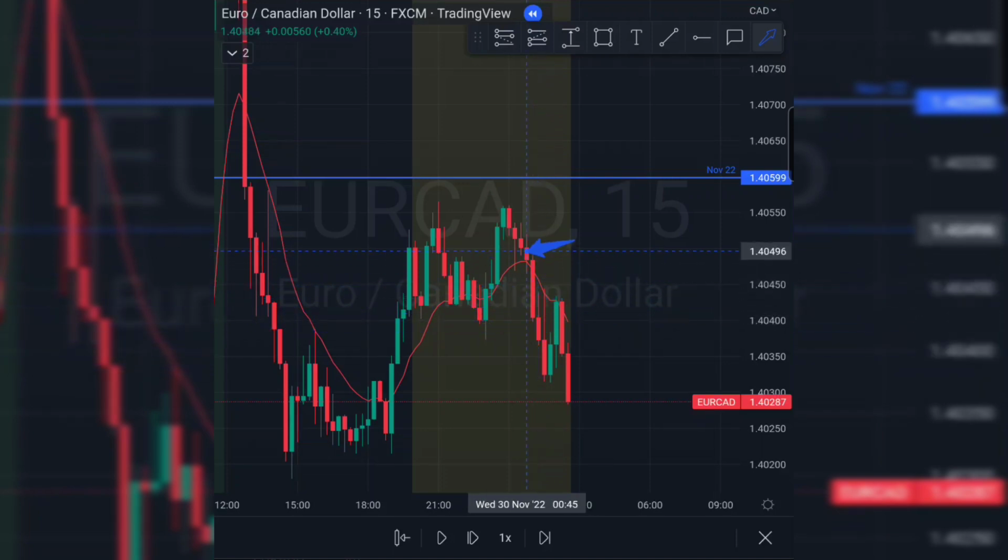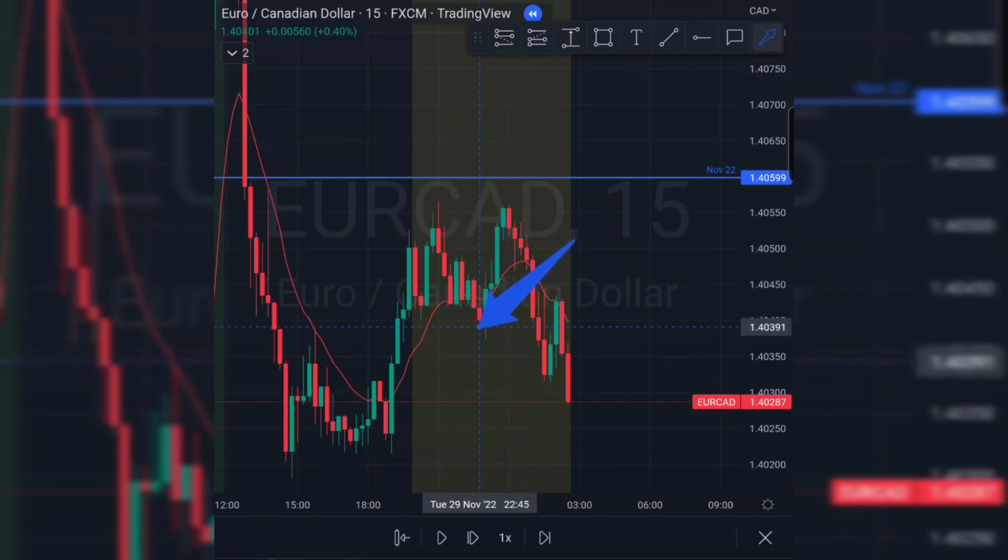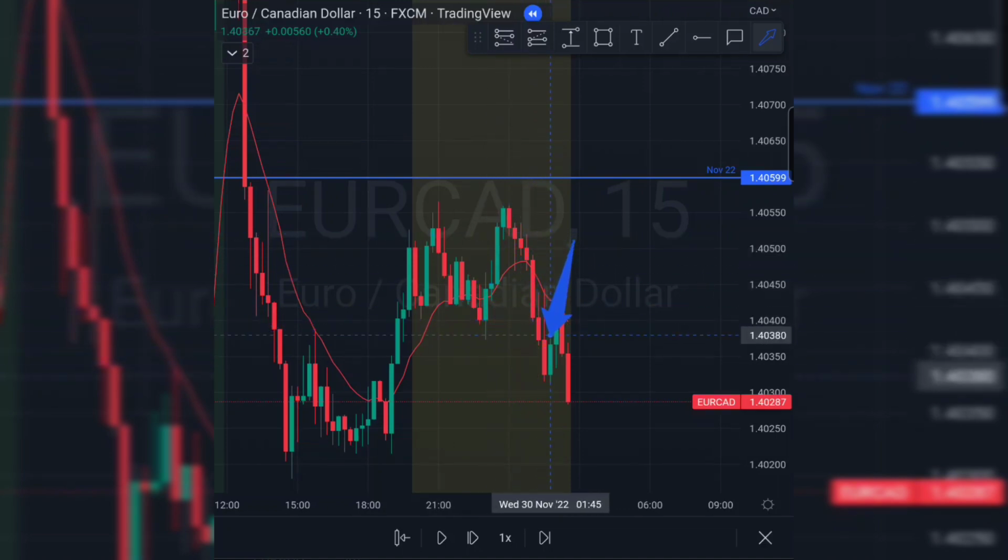Would it not? Aggressive selling. It even breaks some structure right here, this little support. It broke right through it. All aggressive red candles. So yes, this is supply. It's not a trick question.